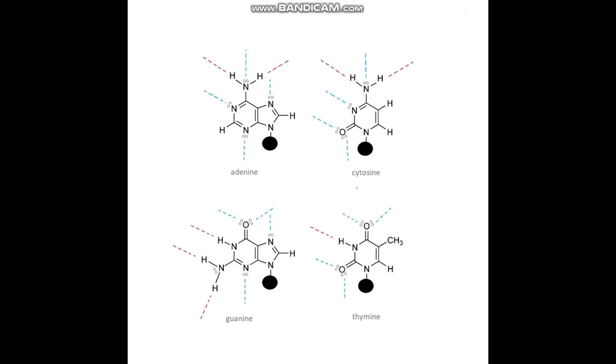So looking at the actual structures of the bases which form the heart of the DNA double helix, we saw that all four of them are these flat aromatic ring structures, but that they have a great deal of hydrogen bonding potential because you have all these nitrogens and oxygens with their lone pairs which can participate in hydrogen bonds, and you have all these NHs which can also, of course, participate in hydrogen bonds.